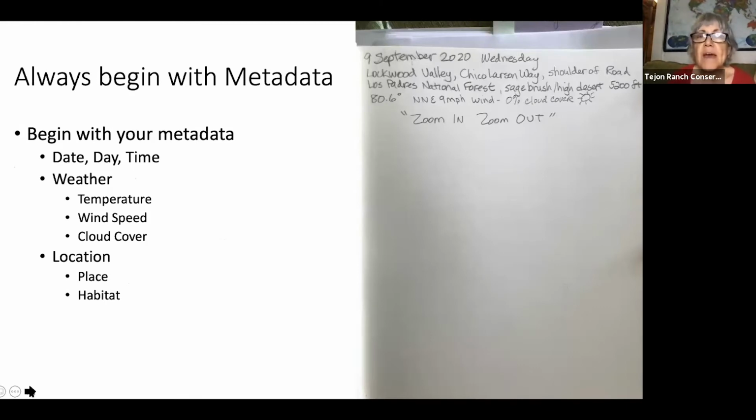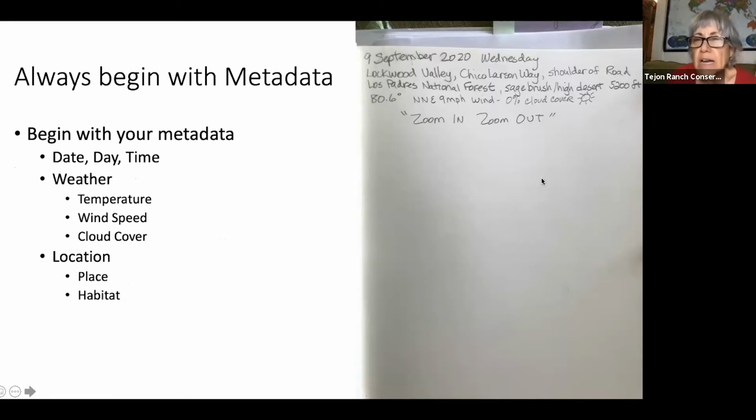Always begin with your metadata. So remember, you're going to start with your day, the date, the time of day, the weather, the temperature, the wind speed, the percent of cloud cover, and your location, both where you are and what is the habitat.